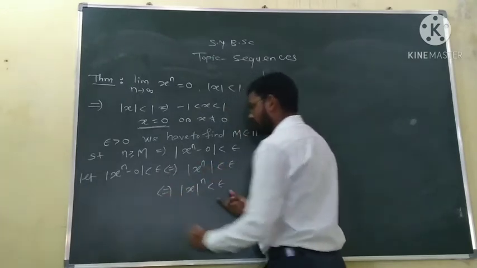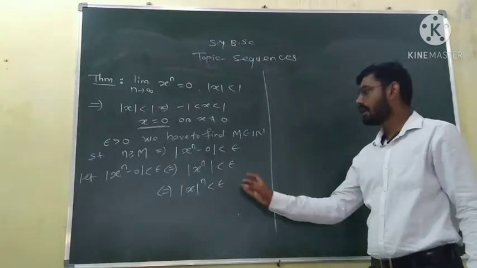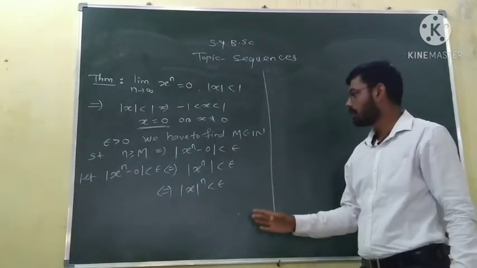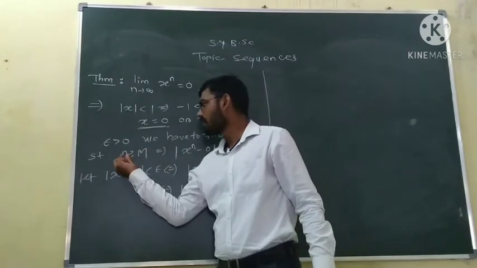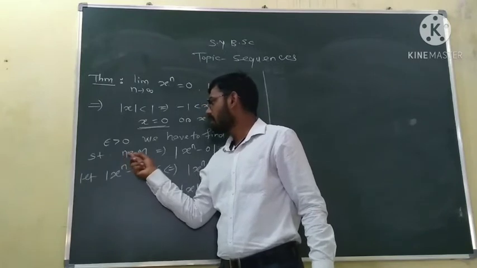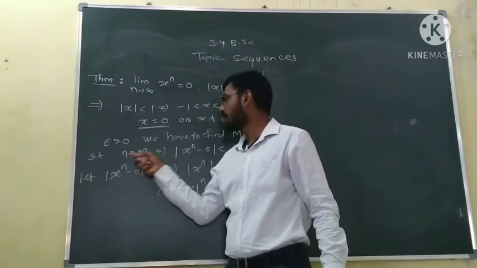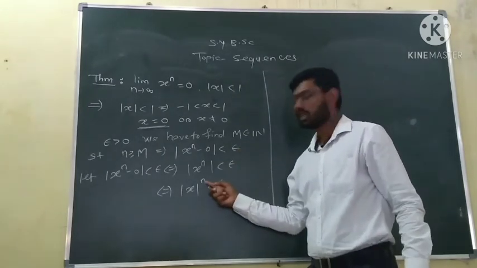Now we will take log on both sides, because we have to find m such that whenever n is greater than or equal to m, this condition is satisfied. So we will take log on both sides.